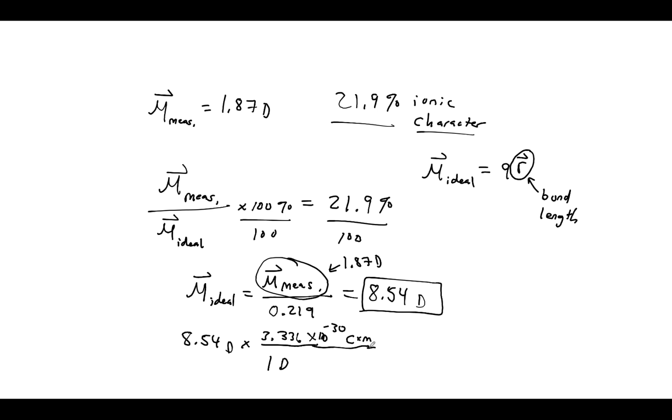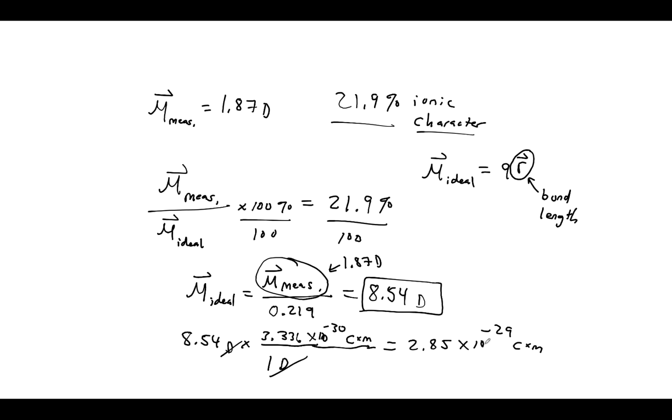Coulombs times meters, okay? The dBi cancels. And when we do this out, we get about 2.85 times 10 to the negative 29 Coulomb meters, okay? Coulomb meters.